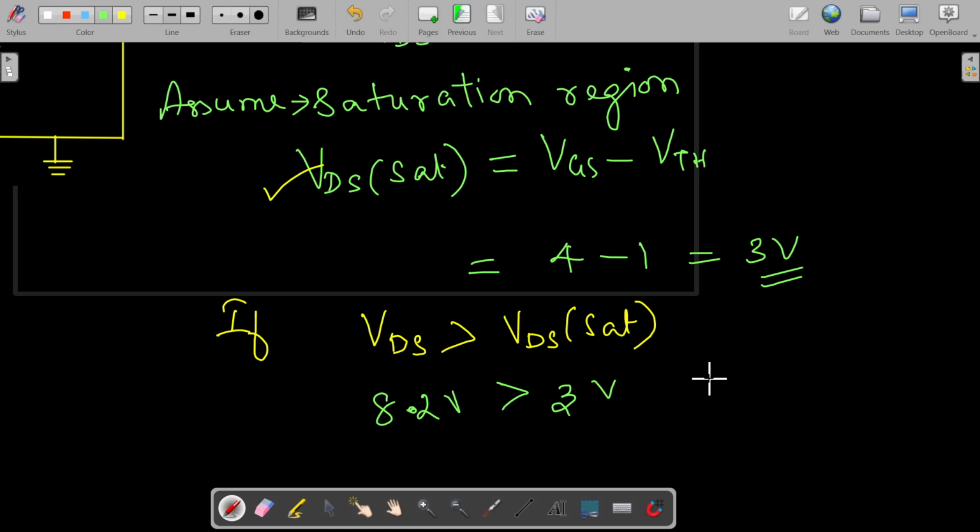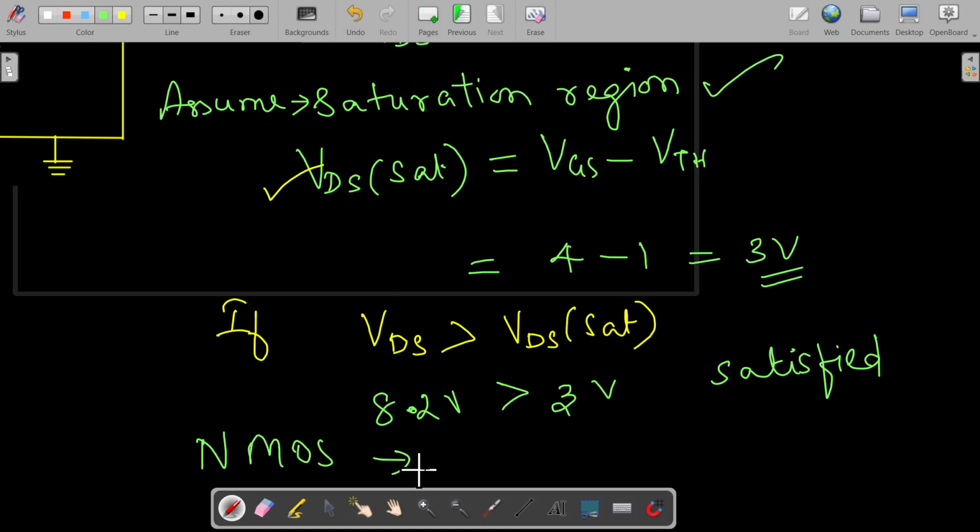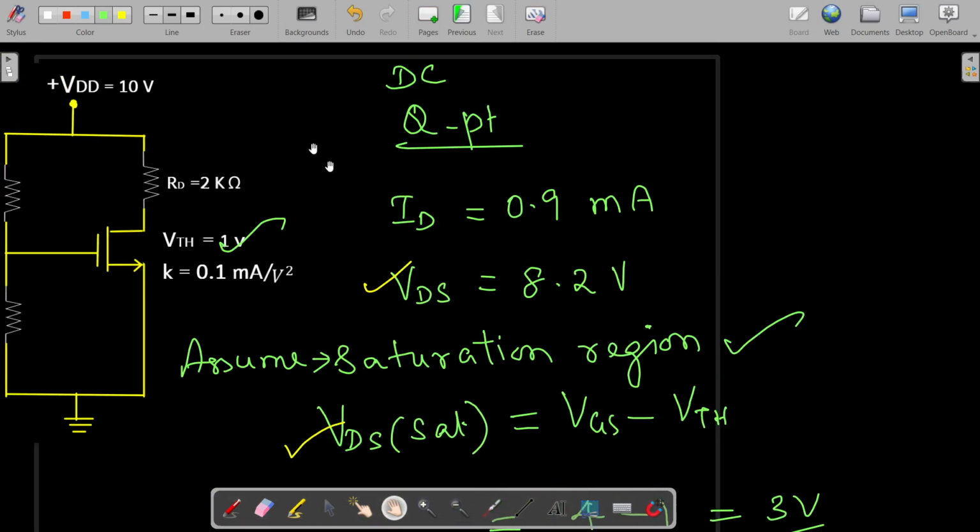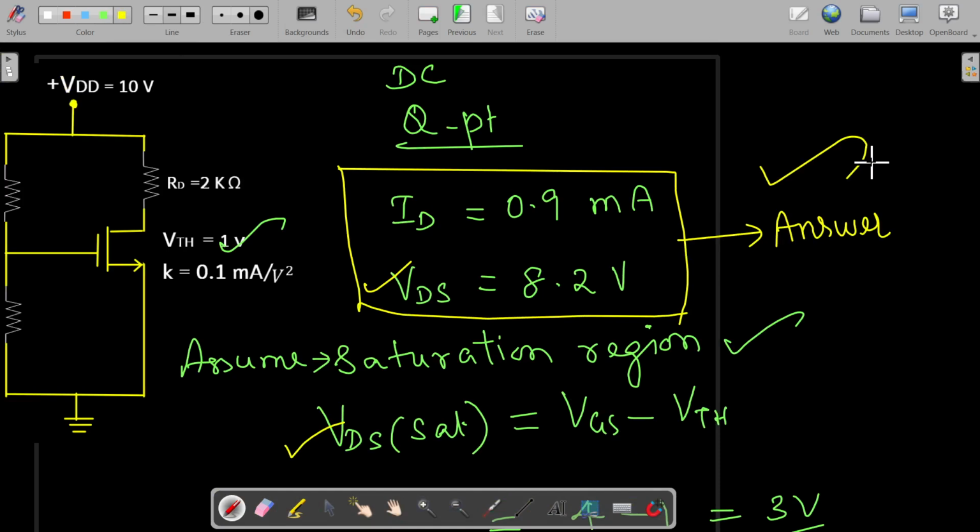So this condition is satisfied, VDS is greater than VDS sat, so our assumption is correct. Now this NMOS is working in the saturation region, so our DC Q point is also correct. The selection of Q point is correct. So this is our answer. Okay, thank you. Hope you have understood.